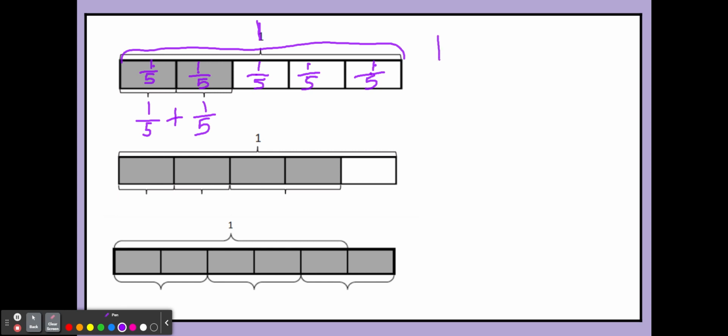So our addition sentence would be 1/5 plus 1/5 equals, so you add the top numbers together, 2, and the bottom number stays the same. There are always the same number of equal parts in the fraction. The bottom number does not change in this case.